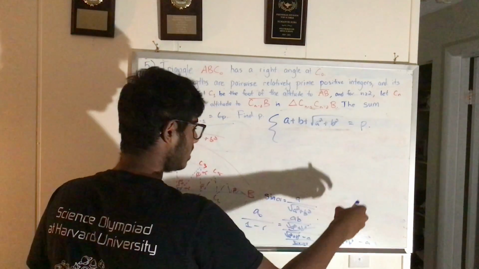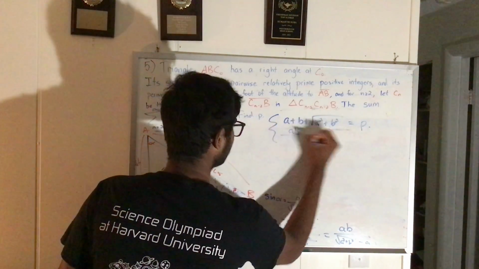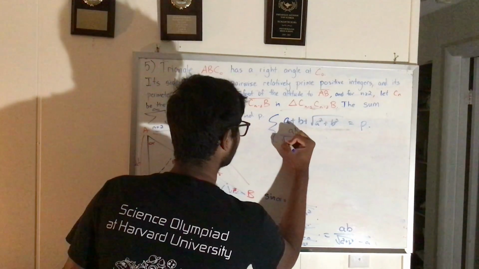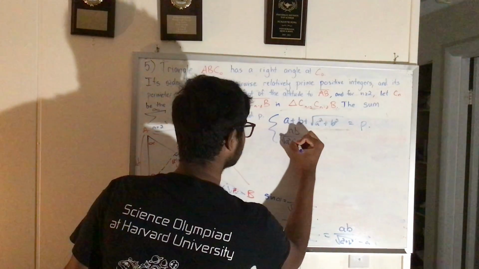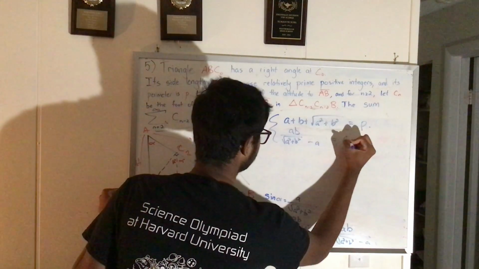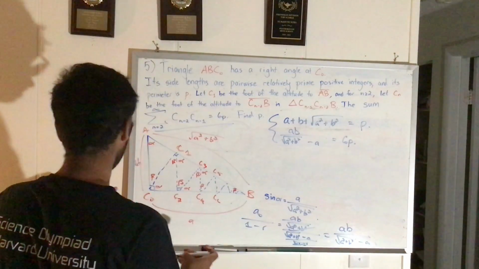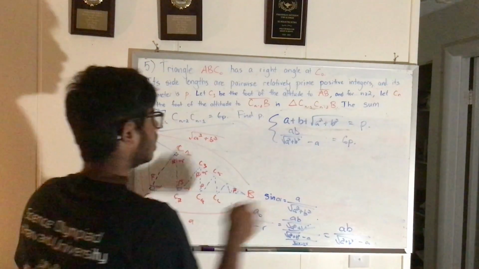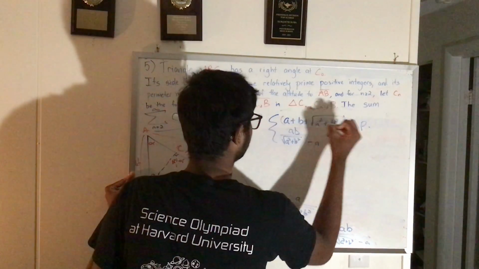So ab over root of a squared plus b squared minus a equals 6p. One convenient thing we can do here is multiply both sides of this equation by 6.